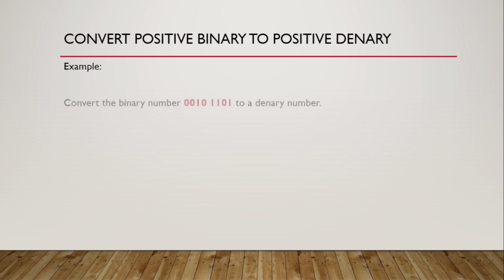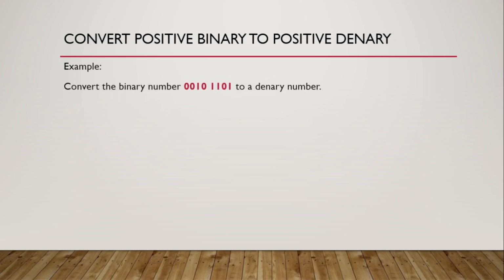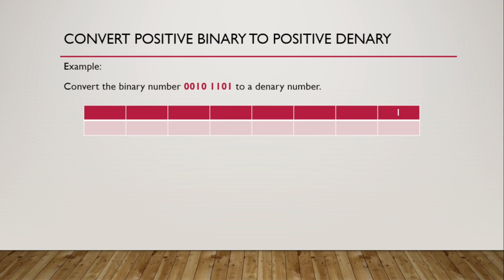For example, when we are asked to convert the binary number 00101101 to a denary number, then we start again with our conversion table as usual and place the binary numbers under their respective place values. Now, what should we look out for? We should look out for the place values that have 1 under them.